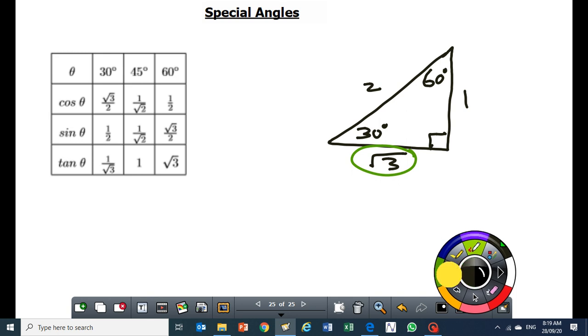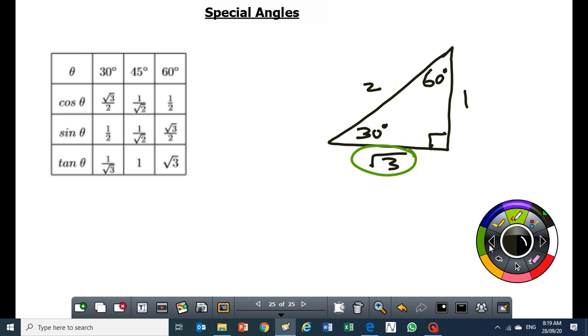Then, from there now, if we come here on the table, as you can see on the table, cosine of theta, for 30 degrees. If your reference angle is 30, then you are going to have adjacent over hypotenuse. So your adjacent side is square root of 3. So this will be an opposite side.